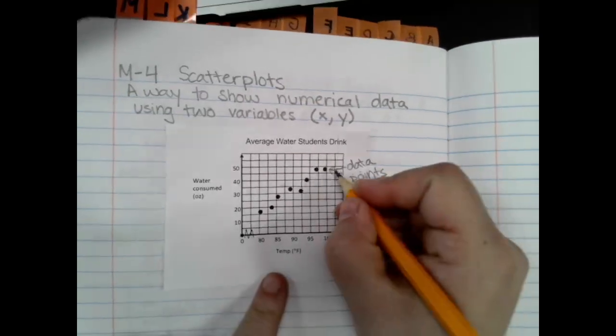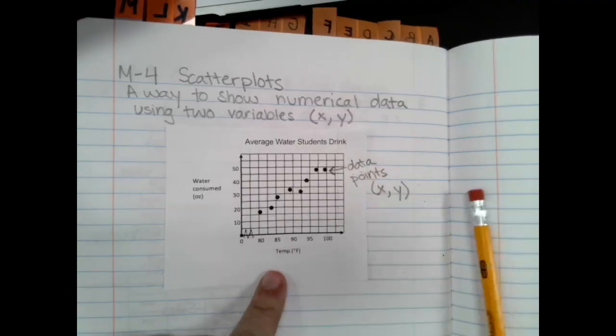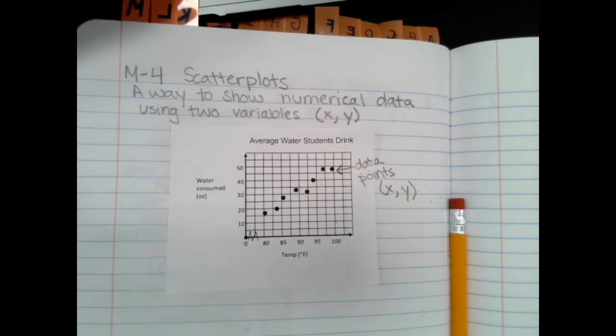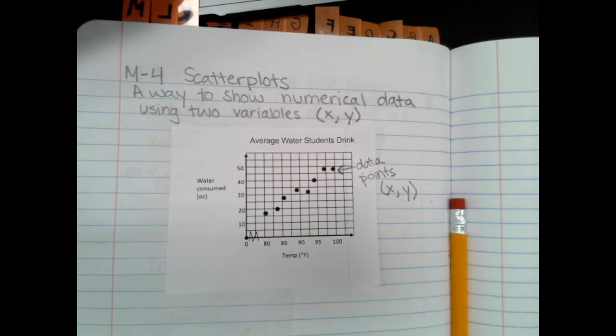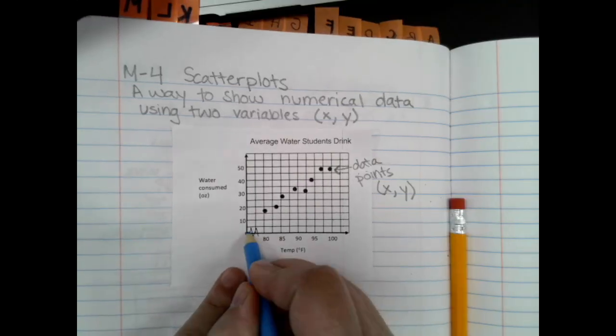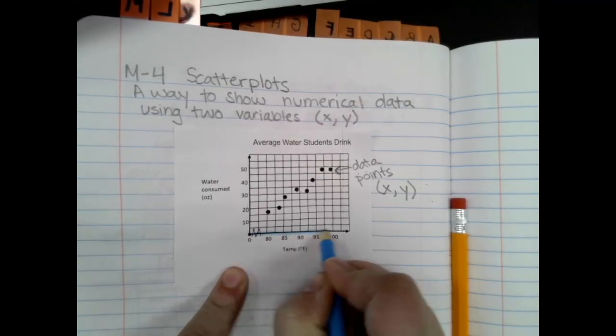Okay, what else do we see? What else should all scatter plots have? An X, good. What's an X? What's our X here? Temperature, good. So this is our x-axis.